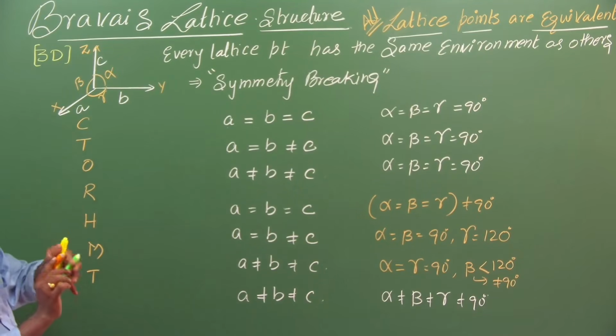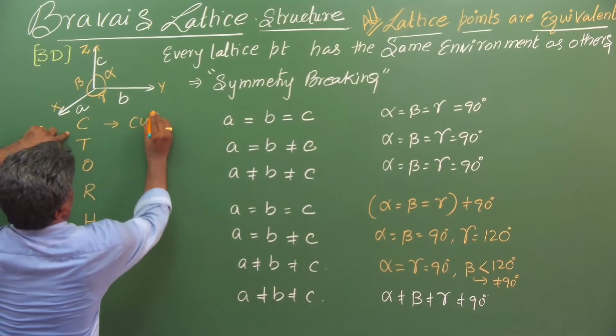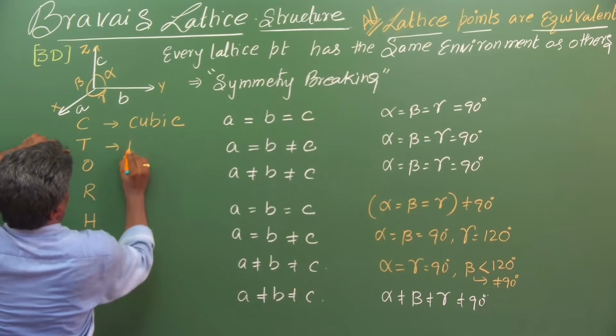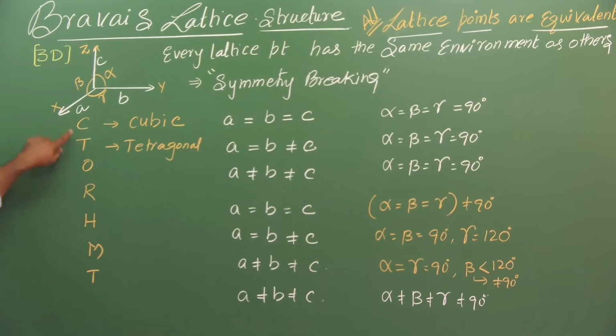Ready? So C for cubic, T for tetragonal. Once again, CTOR HMT. Say CTOR HMT. Now ready.